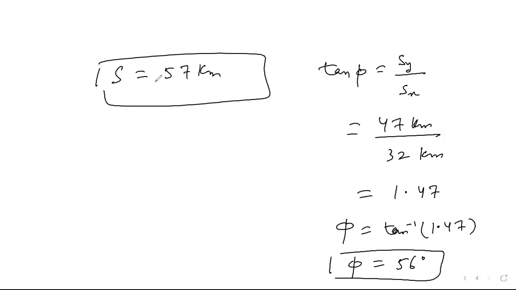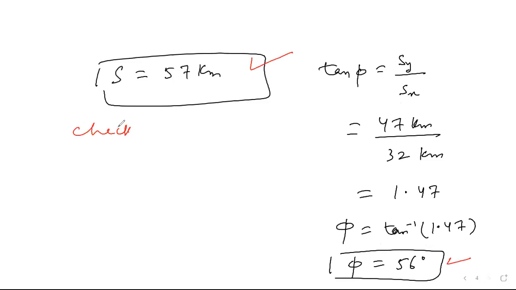Resultant displacement has magnitude of 57 kilometer and phi angle is 56 degrees.